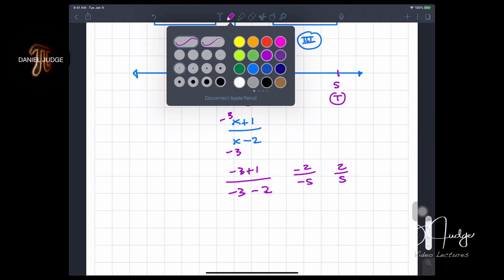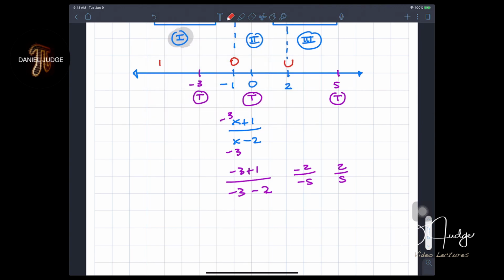So the test point of -3 tells us region 1 is positive. So I just put my positive signs here, ladies and gentlemen.